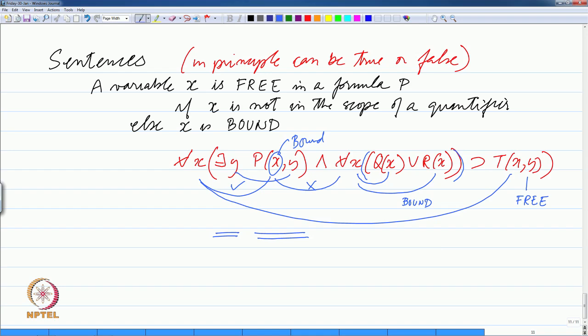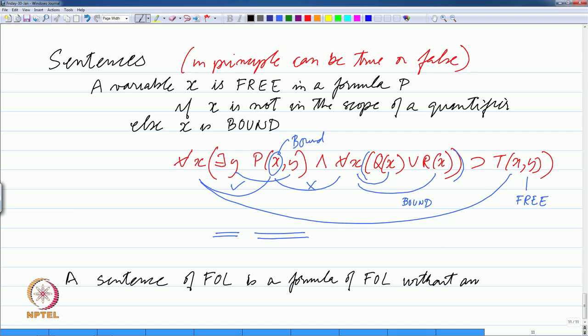In this way you can identify free variables and bound variables, and a sentence of FOL is a formula of FOL without any free variables.